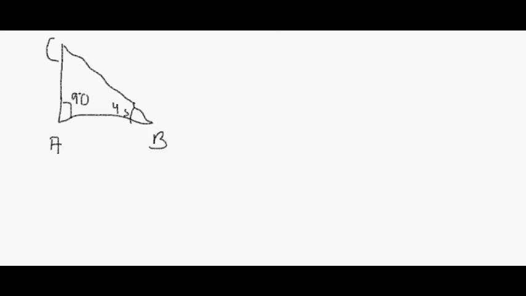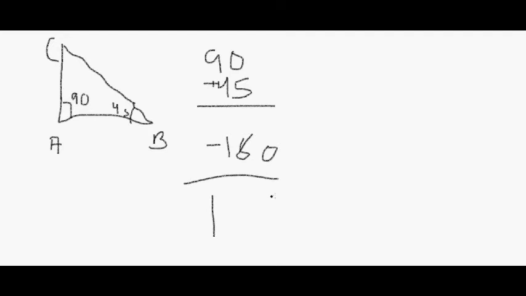So we know A is 90, B is 45, and we know the angles in a triangle add up to 180 degrees, so all we have to do is add 90 plus 45, and whatever that answer is, subtract it from 180. So 90 plus 45 is 135.